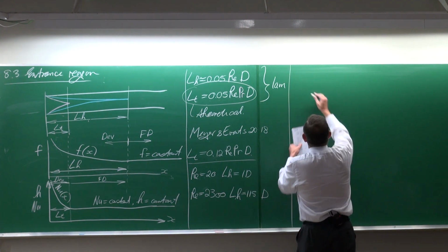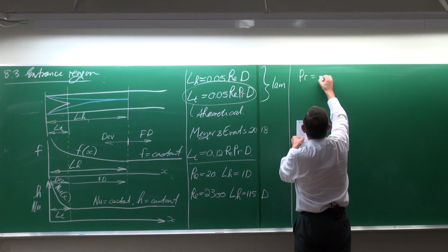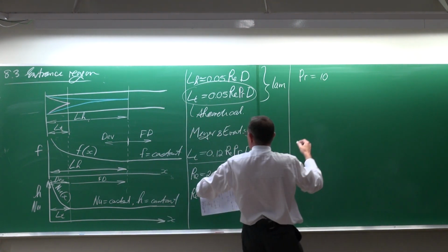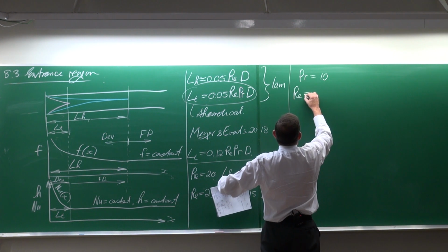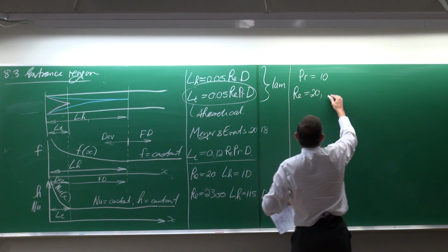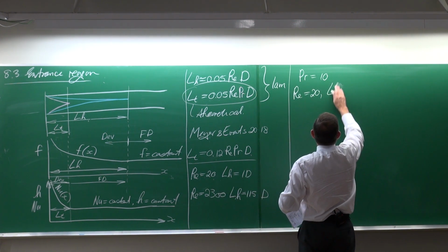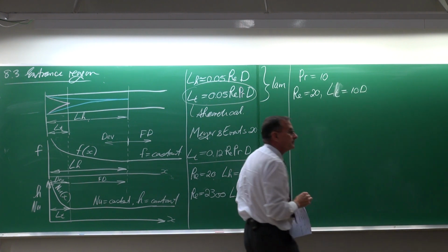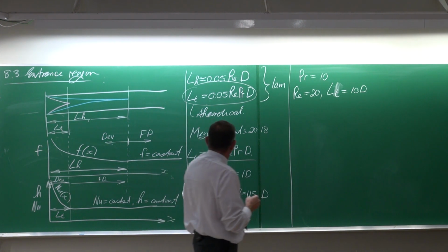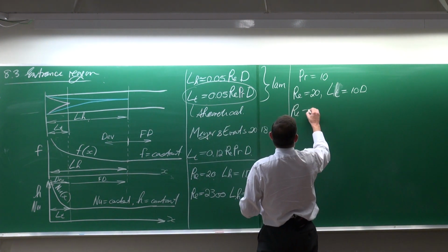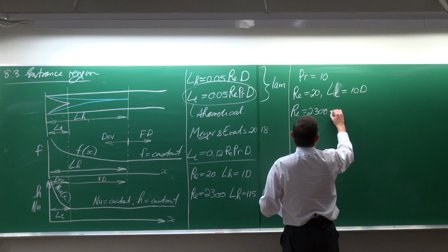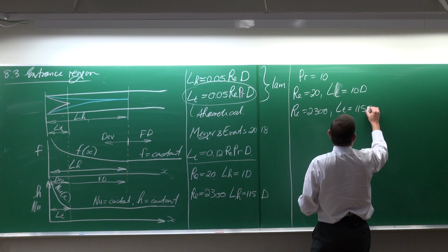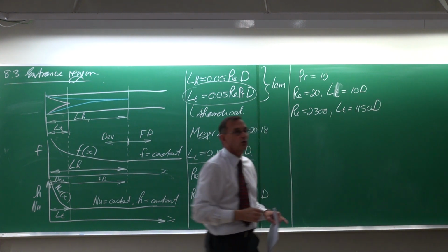Okay, let's suppose the Prandtl number is equal to 10. If the Prandtl number is equal to 10, for again this case of a Reynolds number of 20, then LT would be equal to 10 diameters. And for this case of 2,300, LT would be equal to 1,150 diameters. It takes a long time before it is fully developed.